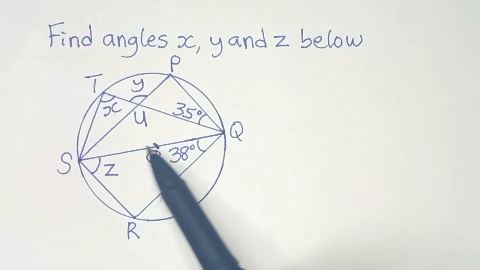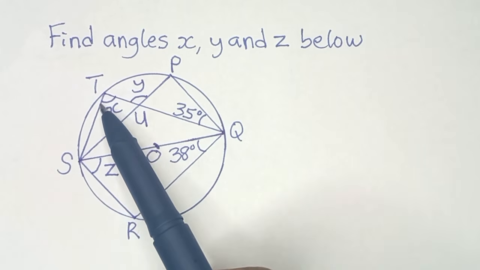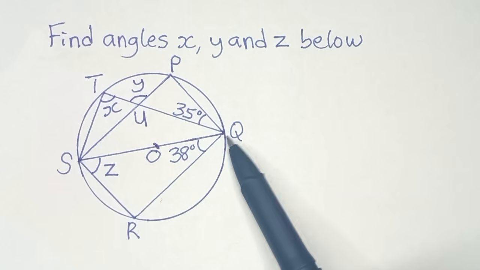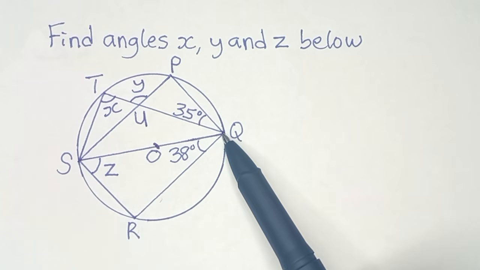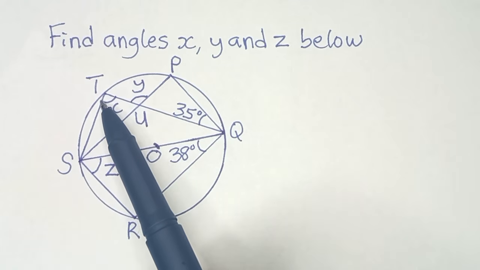So this diameter line SQ, the angle that is facing it is this angle X in the triangle STQ.